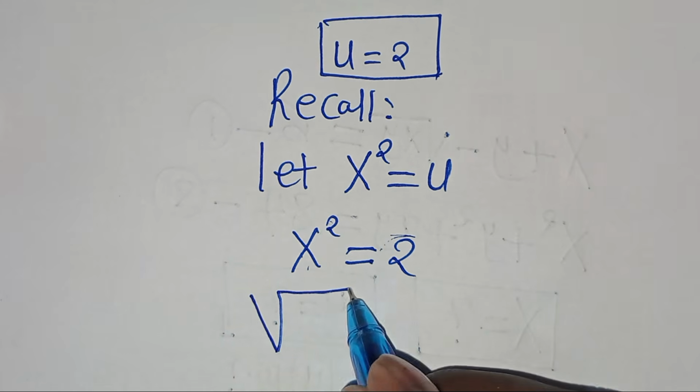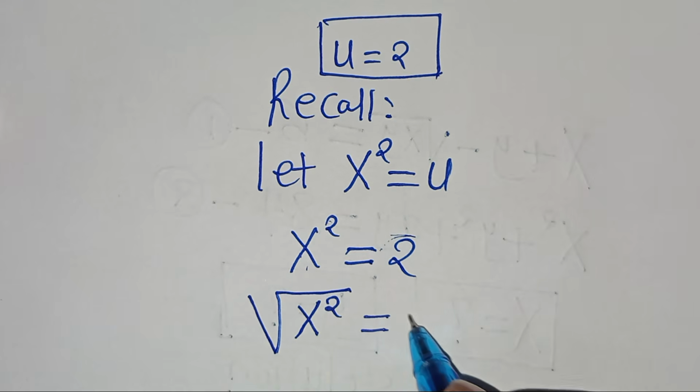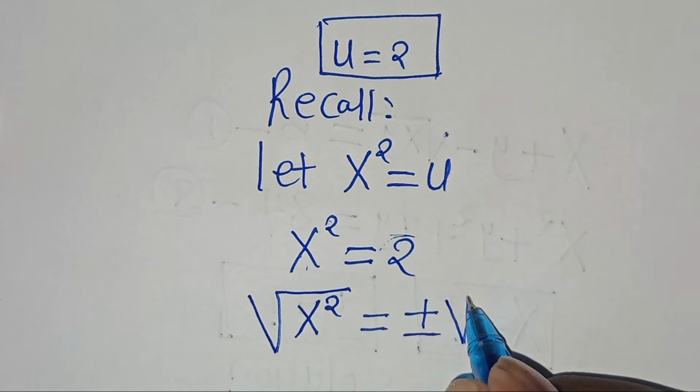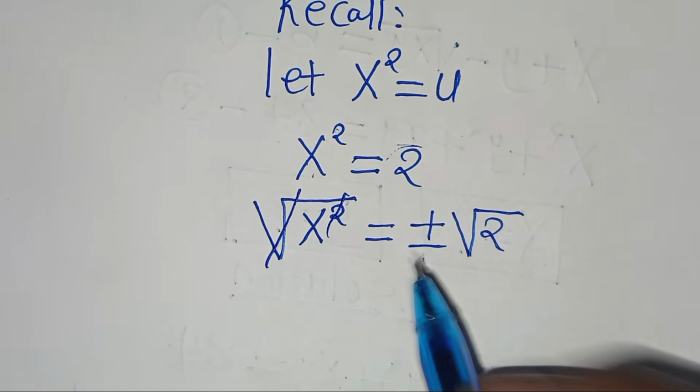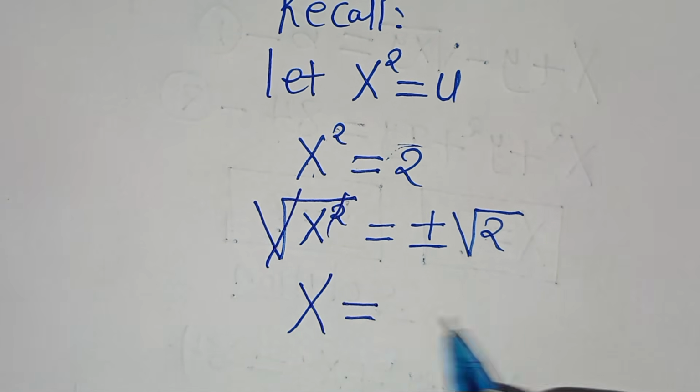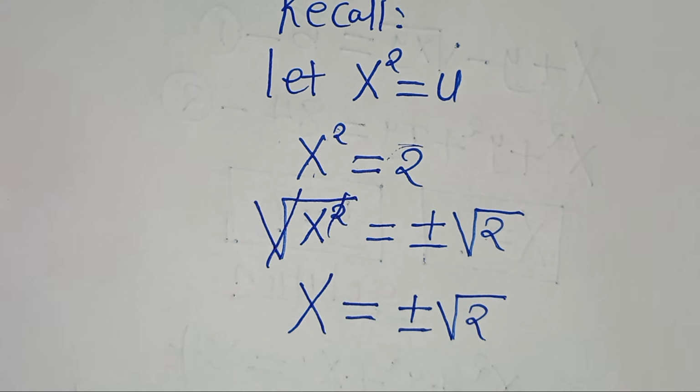For x, let's introduce a square root on both sides. We have the square root of x squared, which is equal to plus or minus the square root of 2. So therefore, the value of x here is plus or minus square root of 2.